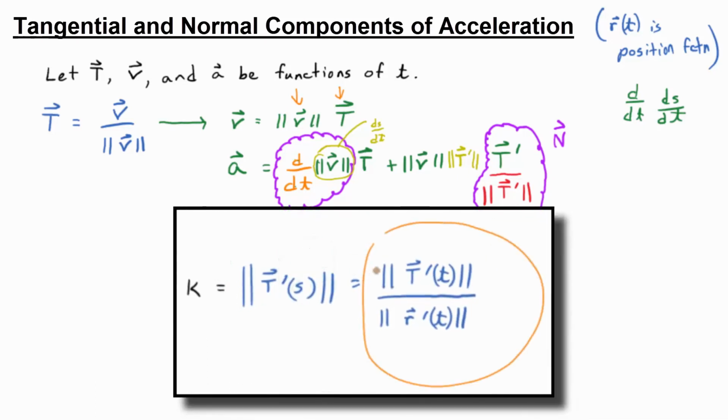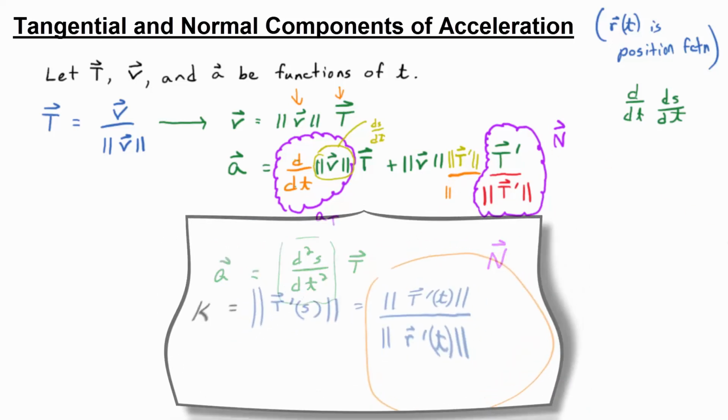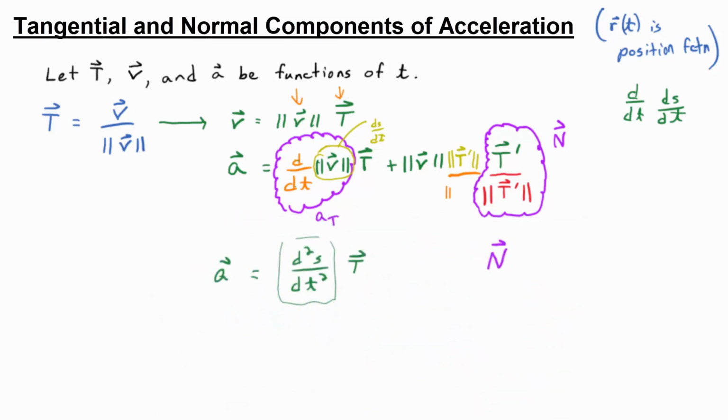This one, right? That one right there. Okay. So magnitude t prime divided by magnitude r prime. Okay. So if I want to throw curvature in here, what do I need to divide this thing by? The magnitude of, well, okay, wait. It's the magnitude of r prime at t, but isn't that v? Inside the magnitude bars, isn't that v of t? Okay, so I'm going to write it as the magnitude of v.